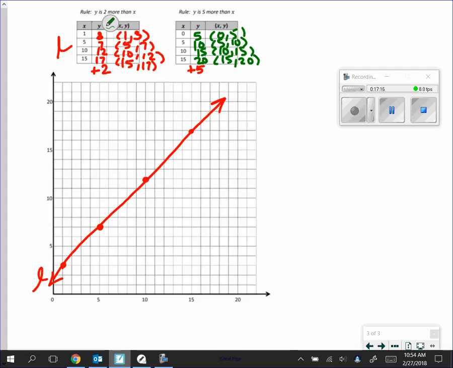You just have to be really careful in the plotting of the points, making sure you remember to go over, up. That's the thing. So 0, straight up 5. It's hard to do that from an angle. 10. 15. Oh, not up there. 20.